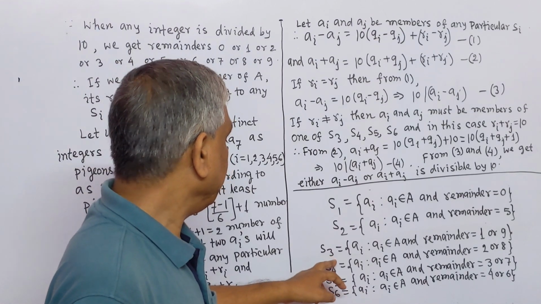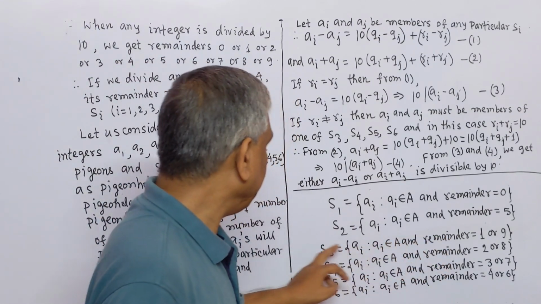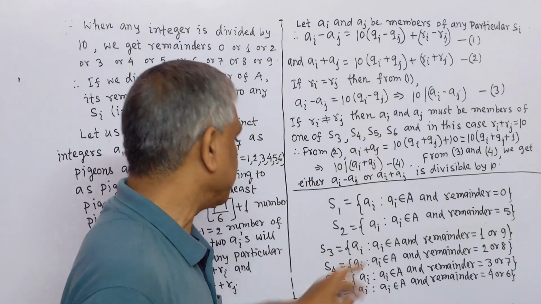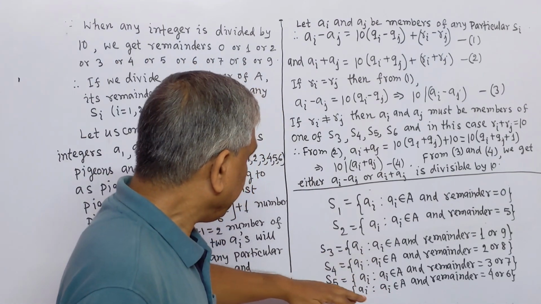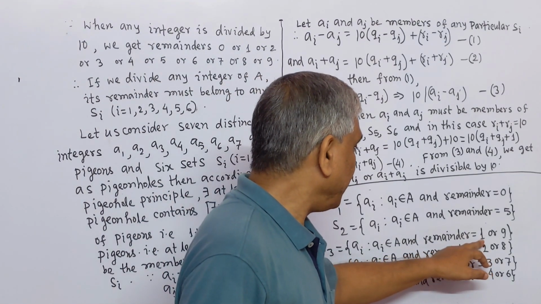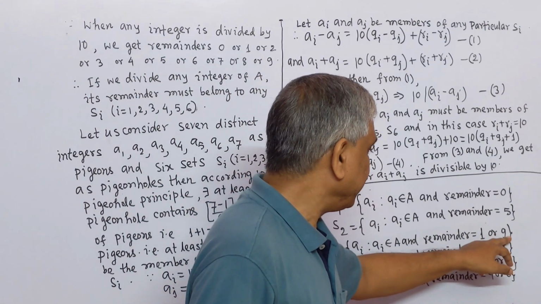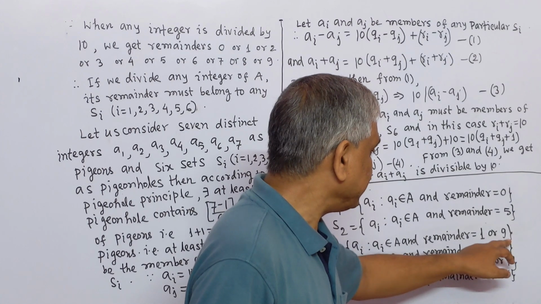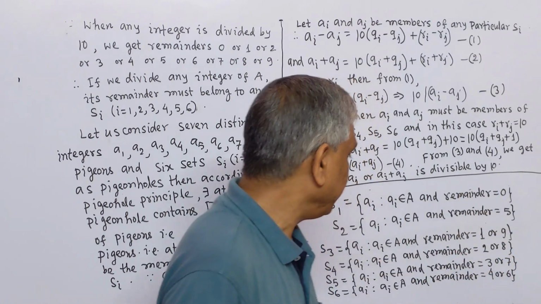If ri not equal to rj, meaning remainders are not equal, here we see this may be possible in S3, S4, S5, S6. Here in S3 we see if ri equals 1 and rj equals 9, then ri plus rj, meaning 1 plus 9, equals 10.